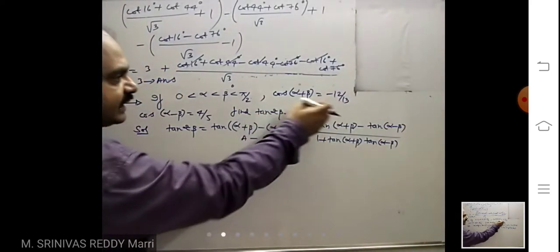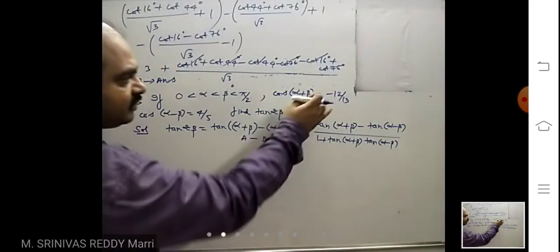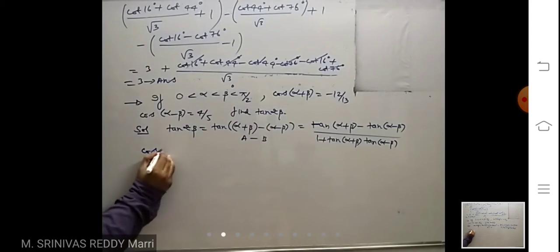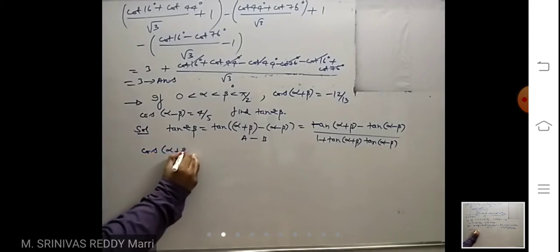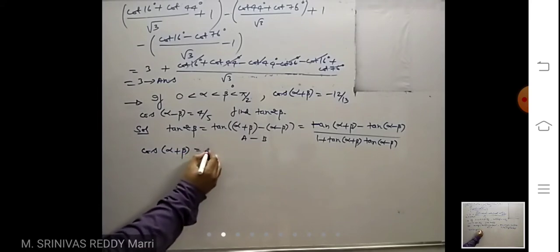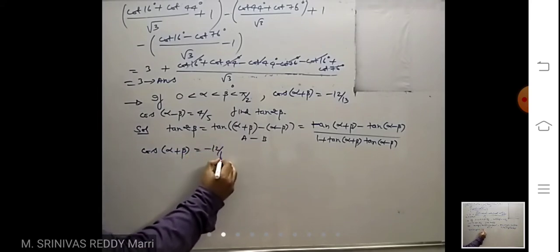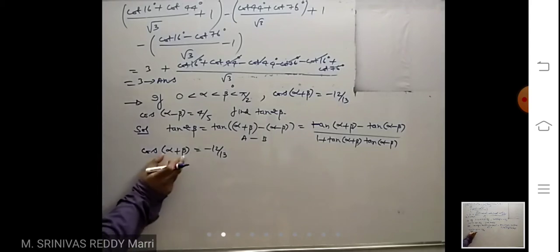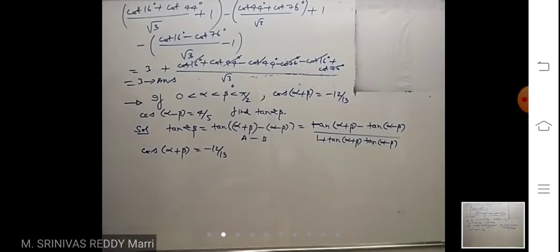If you have to draw the triangle, you have to know the quadrant in which alpha plus beta lies. Look at, cos of alpha plus beta is given as minus 12 by 13. From this I have to calculate tan of alpha plus beta. You have to know in which quadrant alpha plus beta is for constructing the triangle.